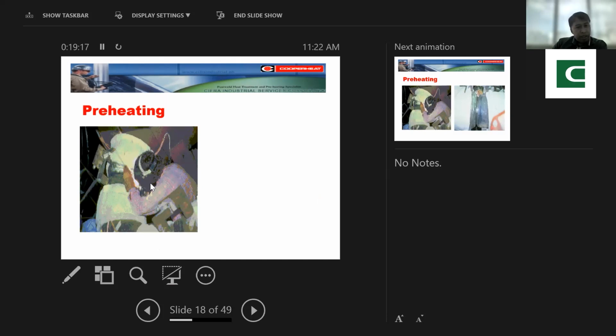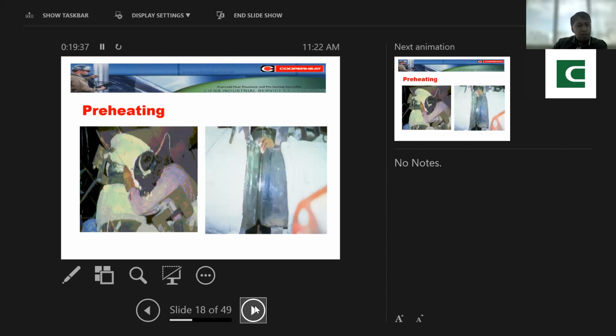And then ito, mainit. So mainit yan habang nagwe-welding in order for you to remove possibility of porosity on your material. So this is the actual preheating picture, conducting preheating of your weldment.